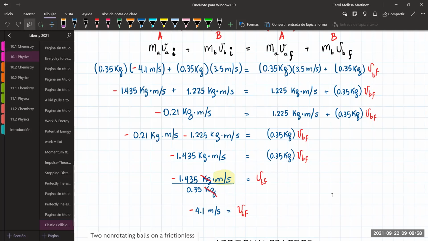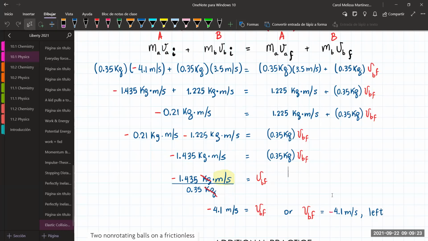Okay? So you can write it like this, or you can say that the final velocity of the object B is equal to 4.1 meters per second to the left, because it is negative. Okay?